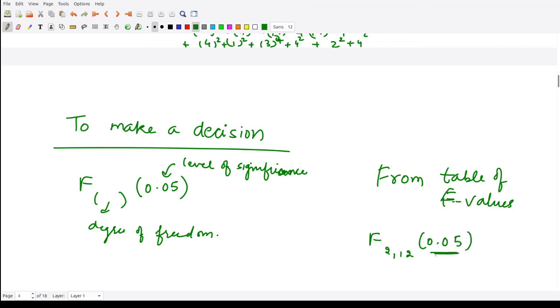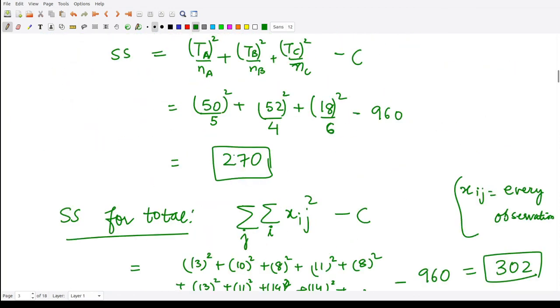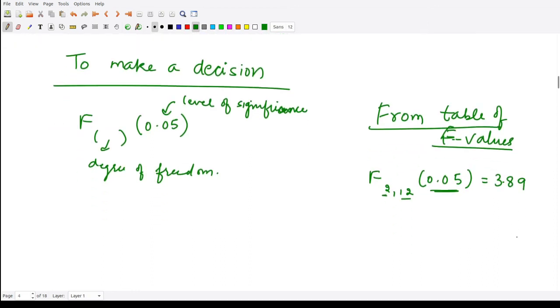If you look at your table, your degree of freedom for formulas is 2 and for error it is 12. So you will look at F(2,12) at 0.05 level of significance. From the table, this value comes out to be equal to 3.89. And this value is directly given to you in the exam, right? So the value that we obtained is equal to 3.89.